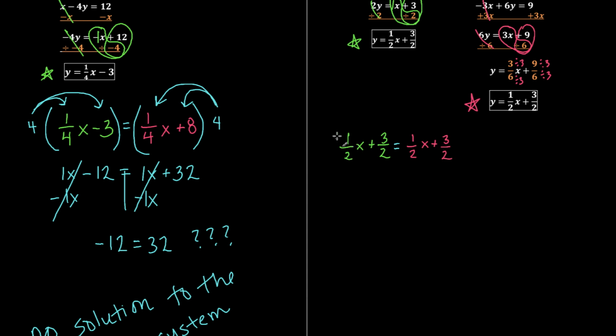I'm just going to show the multiplication like this. Positive times positive is a positive. 2 times 1 is 2, 2/2 is 1x. A positive times a positive is a positive. 2 times 3 is 6, 6 divided by 2 is 3. Oh, it's the same thing, right? 1/2 x plus 3/2. So I'm just going to write the same thing.